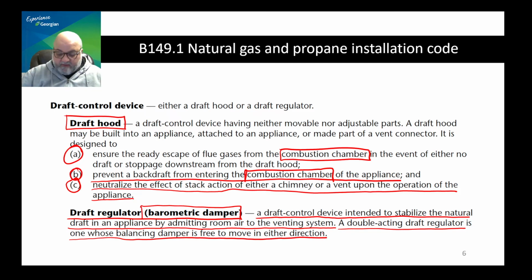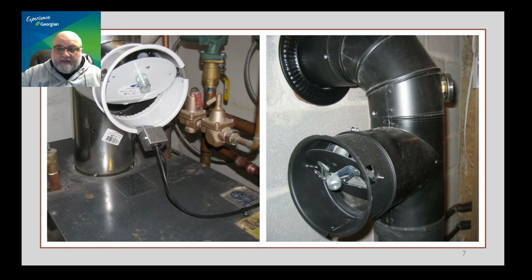Okay, so let's see what this is about. This is your typical arrangement for a barometric damper. So let's look at it in a more detailed fashion. We have said before that point B inside, this is inside the venting system, compared to point A, which is outside the venting system, has lower pressure, meaning air is going to push its way inside like that.